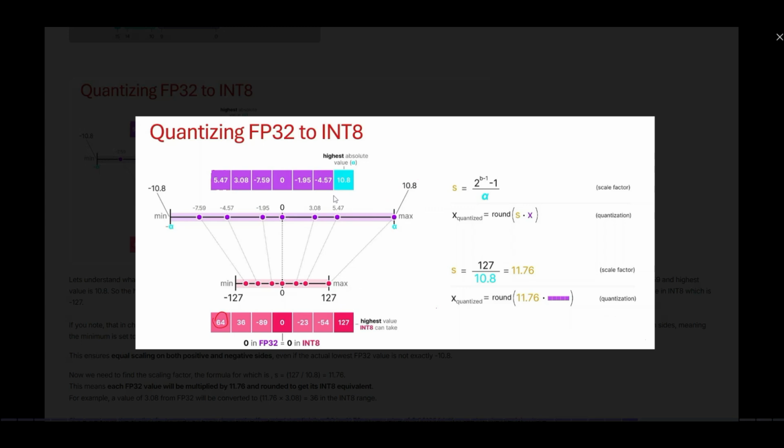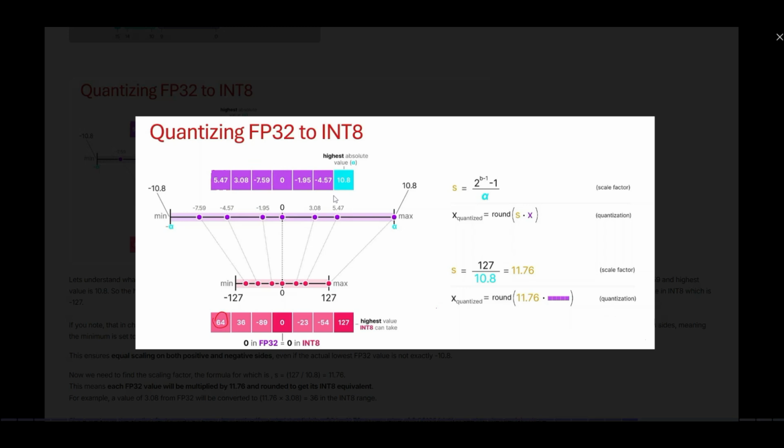Although the lowest FP32 value is negative 7.59, for symmetry reasons, we use negative 10.8, which is then mapped to the lowest INT8 value of negative 127. If you note, the chart uses negative 10.8 for the negative value, even though negative 7.59 is the actual lowest.